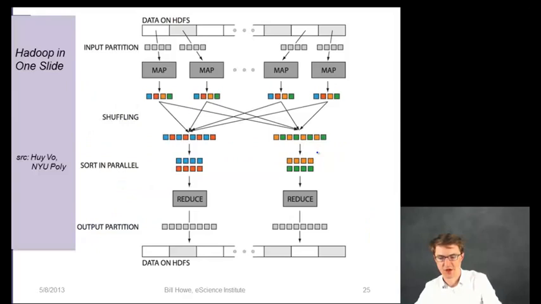Fine. So here's sort of a summary of a Hadoop job that I like a lot, and this is from a Huy Vo, who's now at NYU Poly, I believe. He's still at NYU Poly. So the data begins on HDFS, and there are these chunks, and the input partitions go to map tasks. Now these are, again, not invocations of the map function, these are entire tasks.